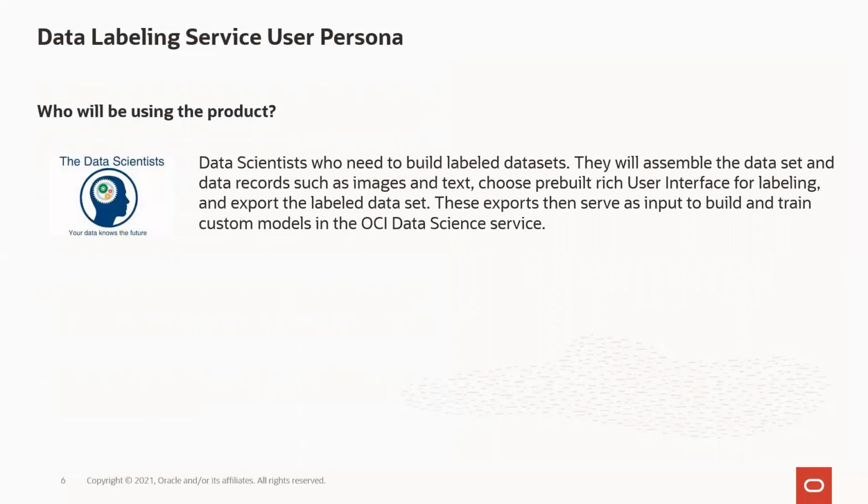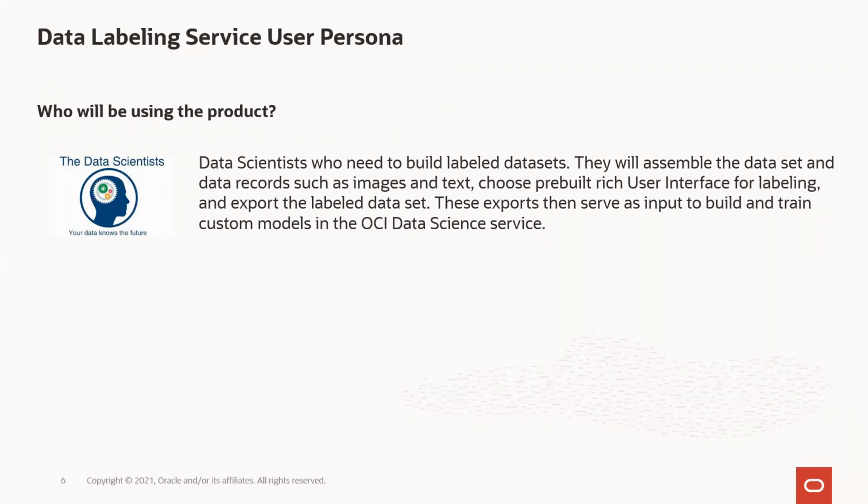One is data scientists who need to build a labeled dataset. They can assemble the data records such as images and text, use our user interface within the labeling service to do the annotation, export that labeled dataset into an object storage bucket, and then pull it into the OCI Data Science environment to build custom deep learning models or NLP tasks.